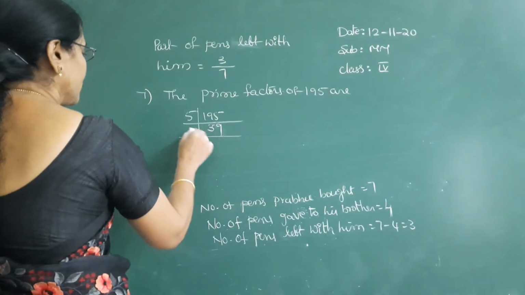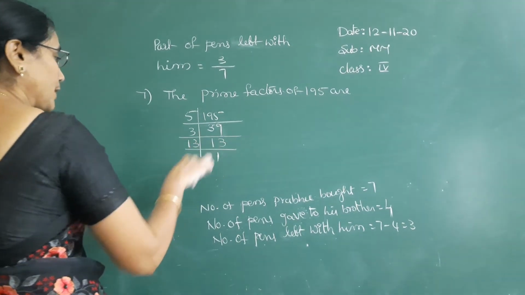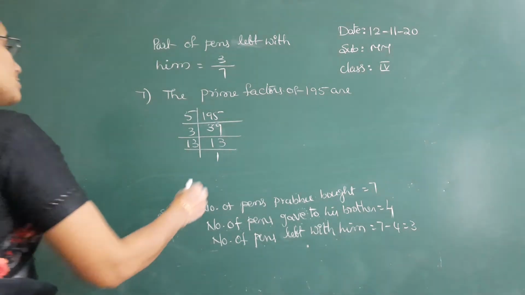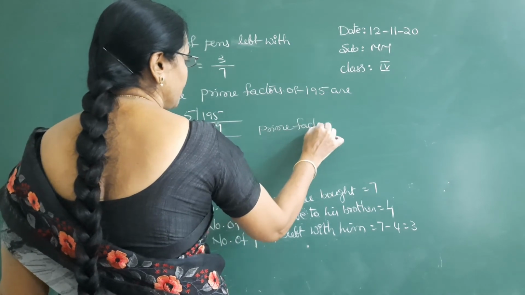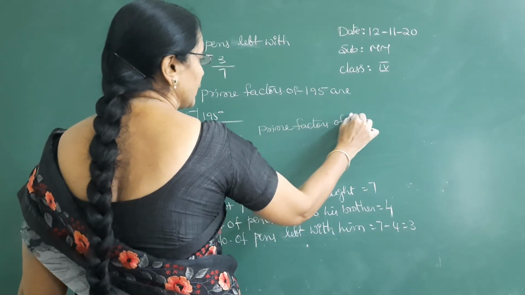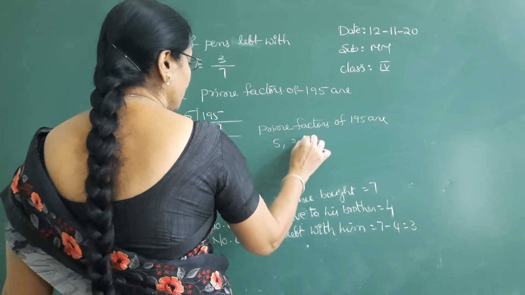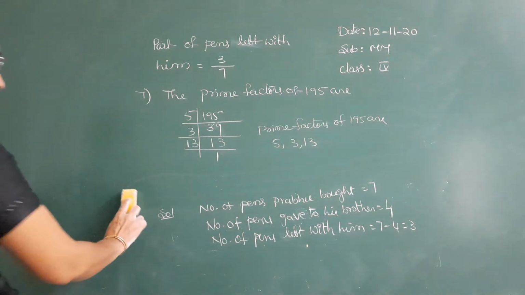Okay, see, next the 3 table. 3 1s are 3, 3 3s are 9. And 13 is a prime number. In 13 no table will go, that's why it is prime. So the prime factors of 195 are 5, 3, 13.